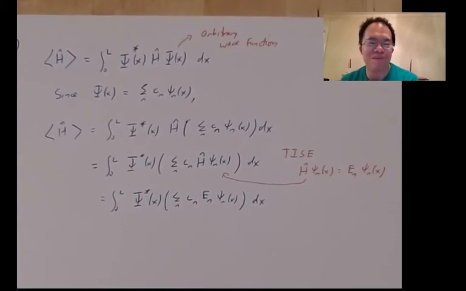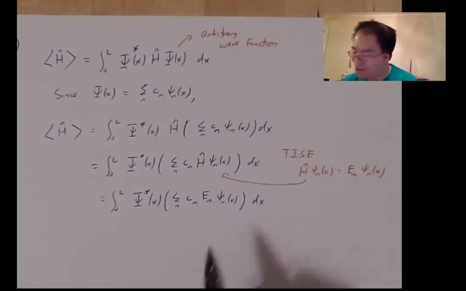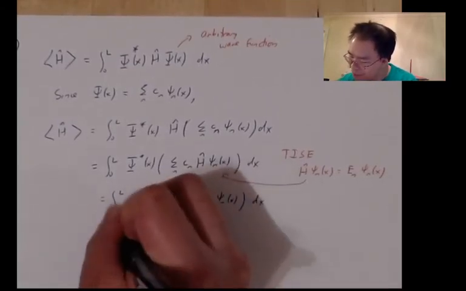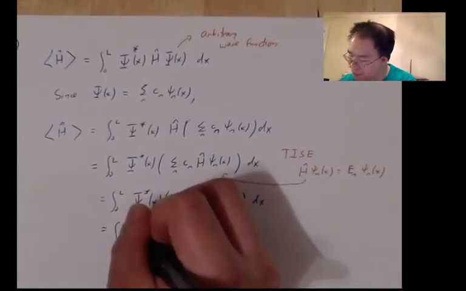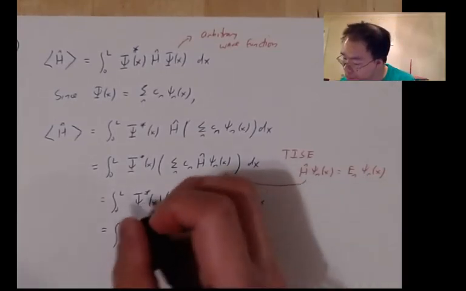Now, you might be getting a hint of what's happening here. We're going to do exactly the same thing as we did in part B. We'll now write this psi star out as a summation and invoke orthogonality all over again. So I'll use a different index again so that I get all the possible cross terms.